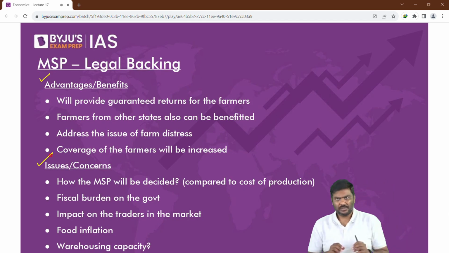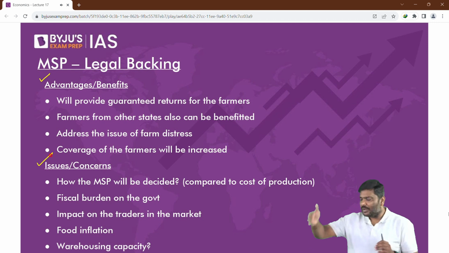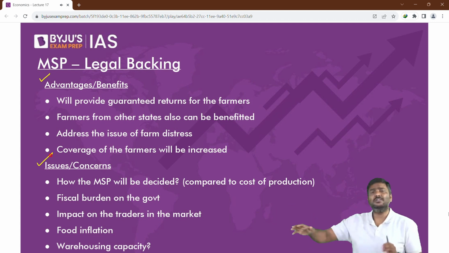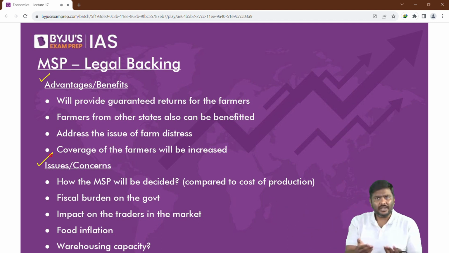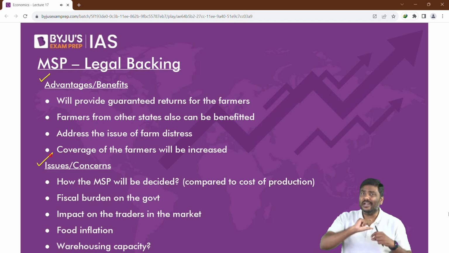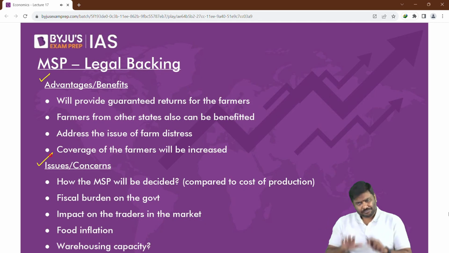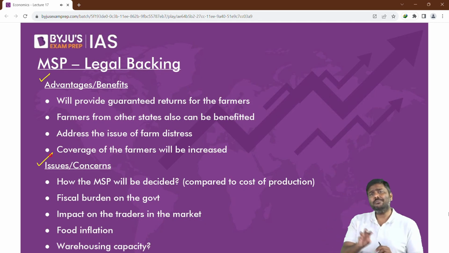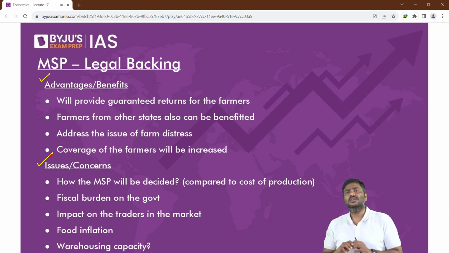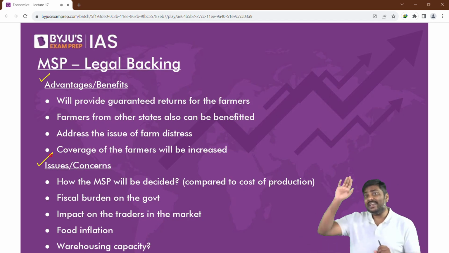Now, let me go forward. What if government provides legal validity to MSP? A law will be introduced for MSP by the government. What is the advantage? What is the concern? I am doing a critical evaluation, so please listen very carefully. Point number one: right now, government procures very few crops out of all the 23 crops.